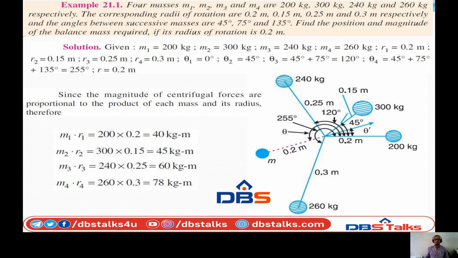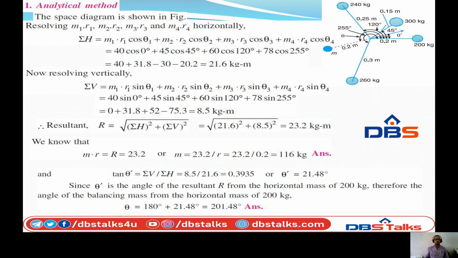The analytical method is related with sigma H and sigma V, that means horizontal components and vertical components. Then by solving with the analytical method, we have already constructed the angular position diagram or space diagram.